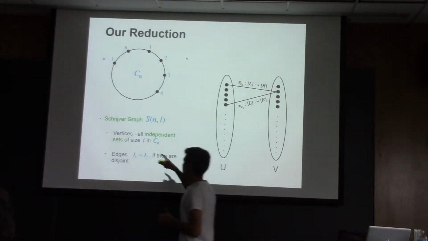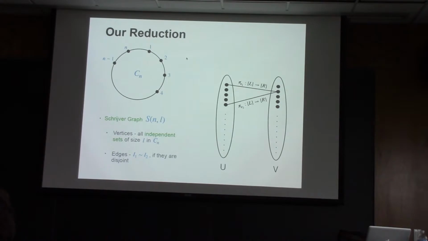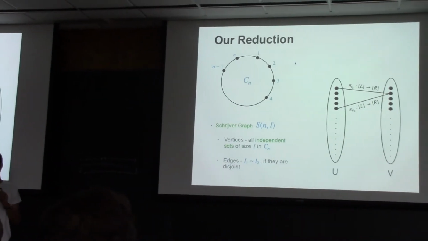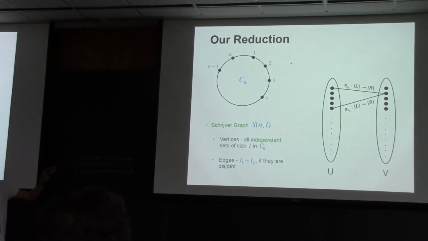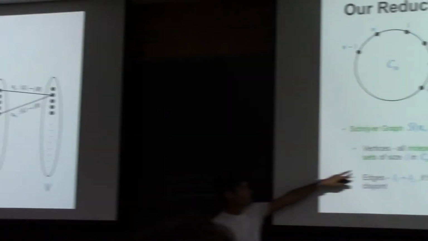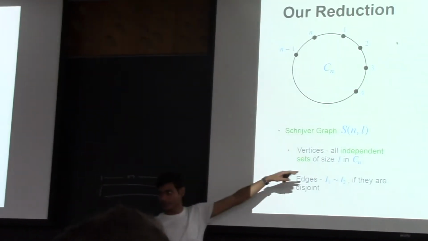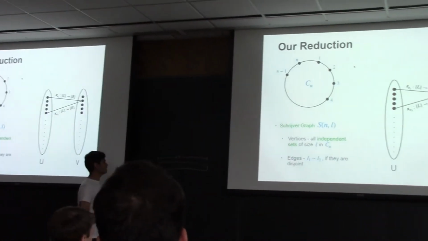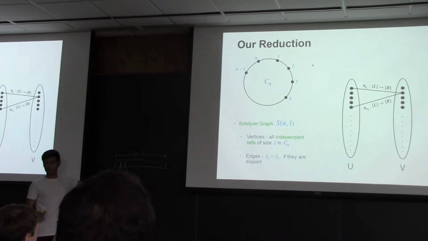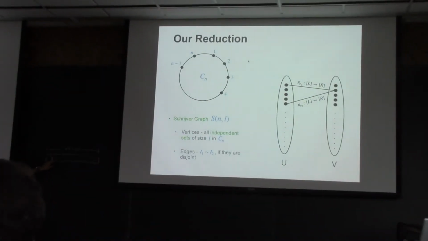In other words, if you represent a vertex as a string of length n, each vertex is a binary string of length n, but not every binary string of length n constitutes a vertex. It should be an independent set of size L in Cn, so the Hamming weight should be L, and there are no two consecutive 1s, if we use the indicator vector of the independent set.